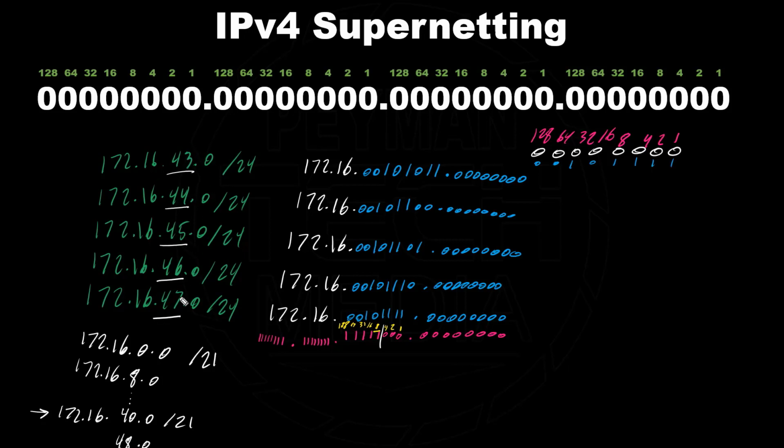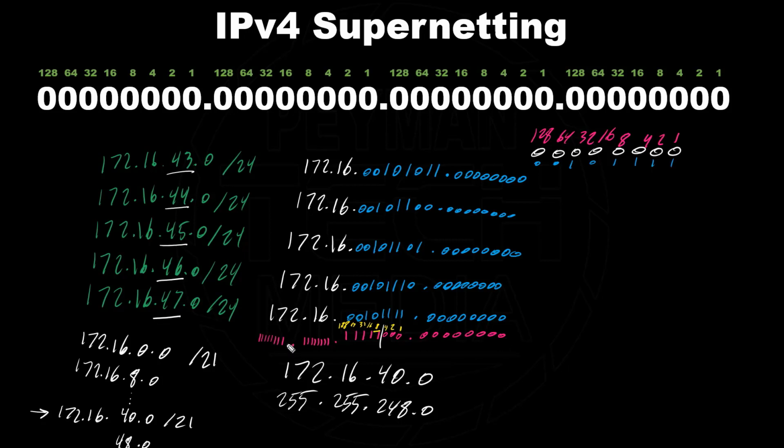Therefore, in a routing table, if we have the network address of 172.16.40.0, with the CIDR notation of 21 or the subnet mask of 255.255.248.0. You might say where this 248 is coming from. I'm just converting this binary for the subnet mask into the decimal format.